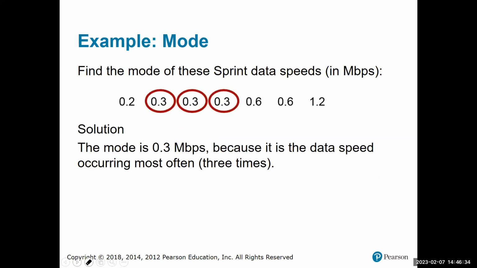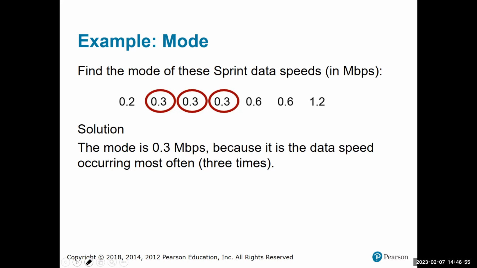All right. So let's say that these were your data speeds. Apparently these are Sprint speeds in megabits per second. Notice that 0.3 occurs 3 times. And so that is your mode. The mode is going to be 0.3 because it occurs most often.